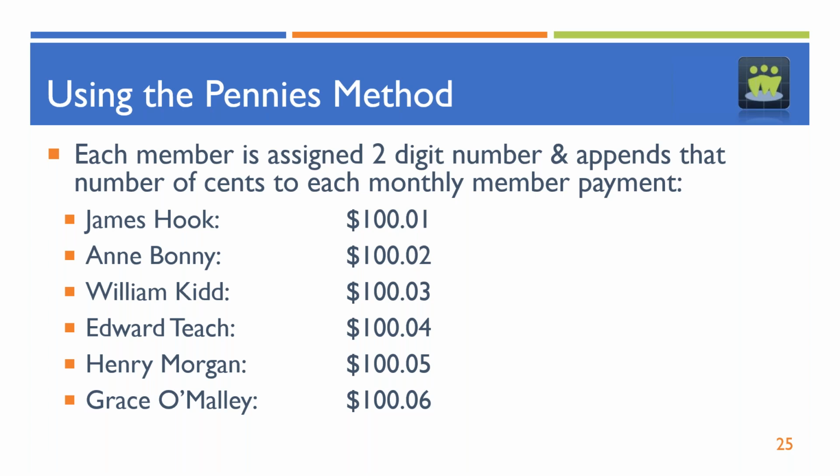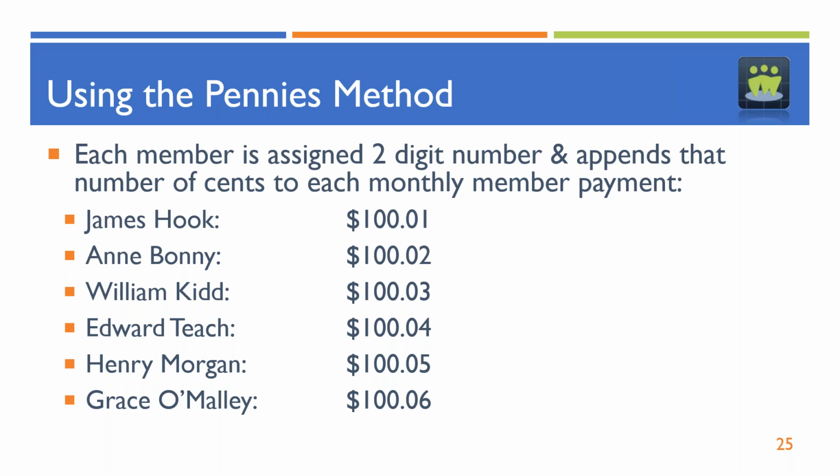So in this case, you can see we've got 6 members of the club. They each have a different number of pennies that they append to their $100 regular member payment.